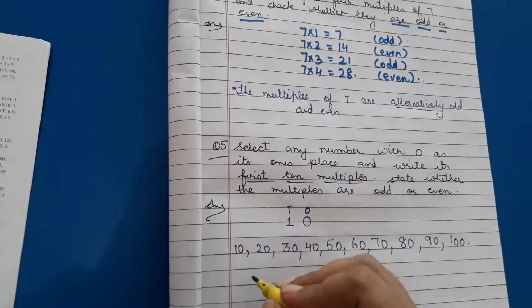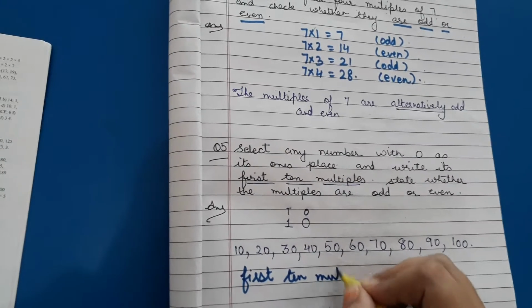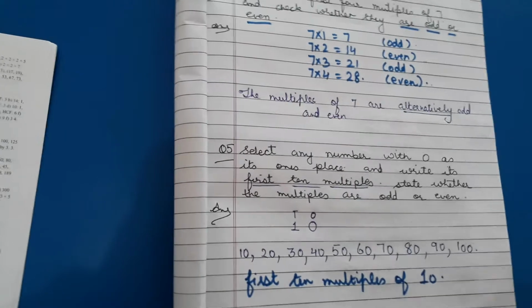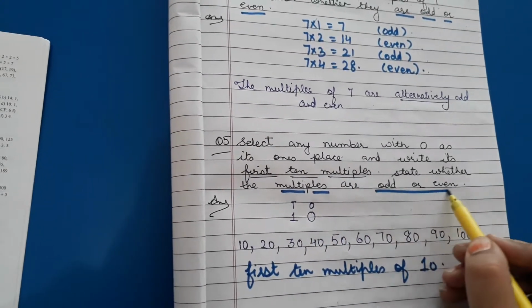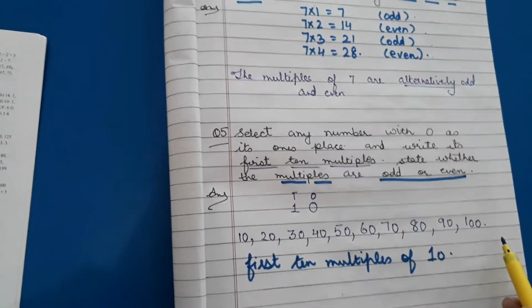These are the first 10 multiples of 10. Now next thing they have asked whether the multiples are odd or even. So you can see that all the multiples are even.